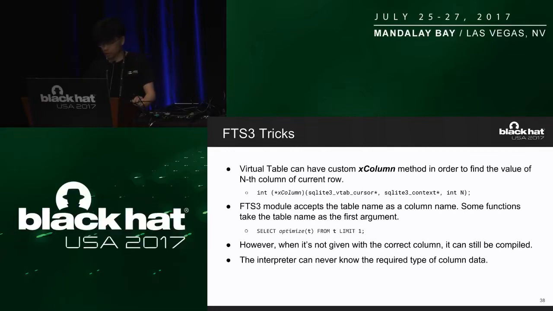Some functions, like optimize, take the table name as the first argument. Basically, what you should do is just select optimize(T) from T, where T is the FTS3 virtual table. During the execution, column T stores the current FTS3 cursor.